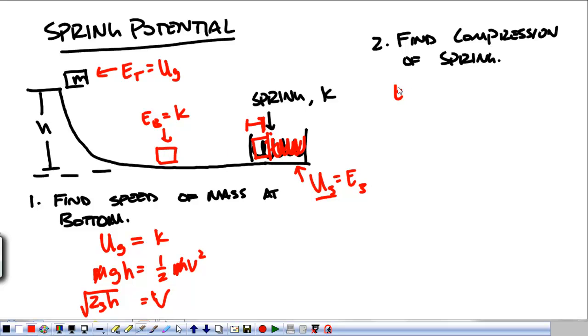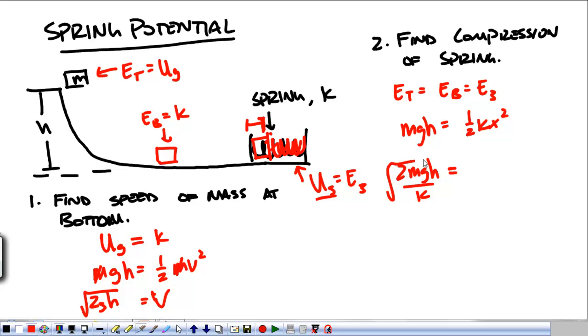So really, the total energy is equal to energy at the bottom is equal to energy 3. So we can say mgh is equal to 1/2 kx squared. We could say 1/2 mv squared is equal to 1/2 kx squared. We just have to plug that velocity in again. This is the simplest one. So we're going to solve for x this time. That's our compression. So 2mgh over k square rooted gives me that compression.